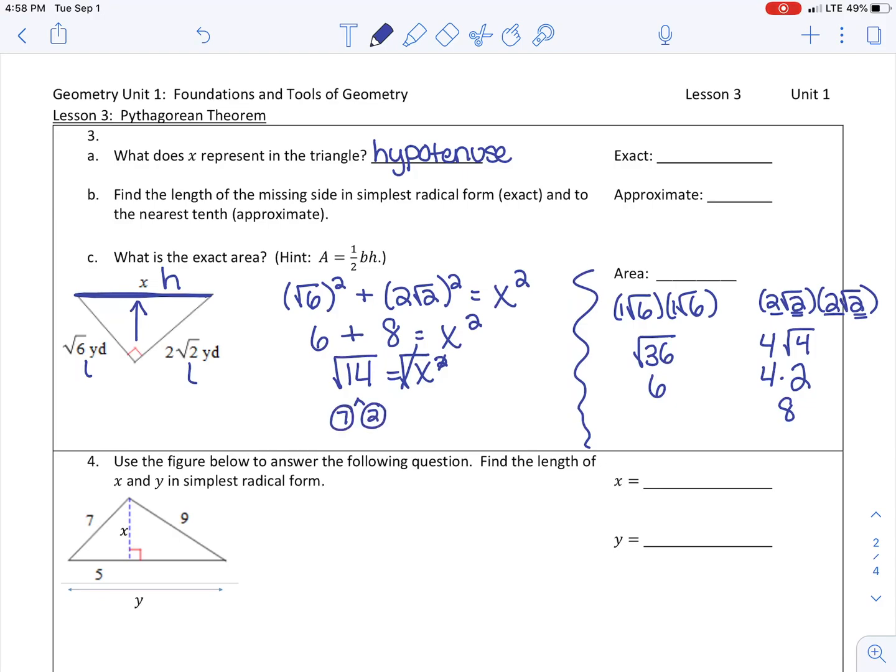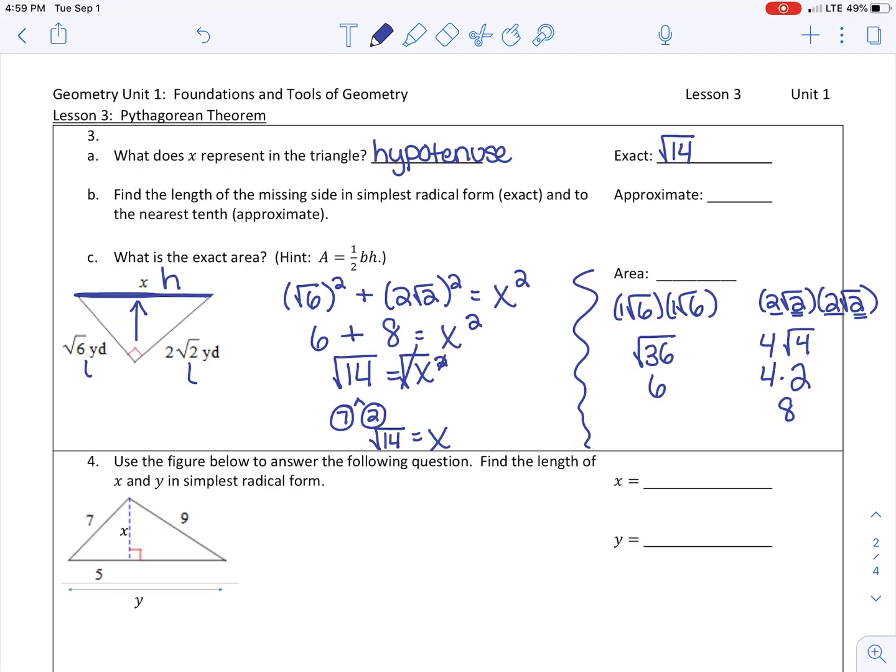Both of those are prime numbers. Since they're both prime, they just get multiplied and put back underneath the radical. There are no pairs. So our final answer is just going to be the square root of 14. Okay, that does not change. It's already simplified. So that is our exact answer, the square root of 14.